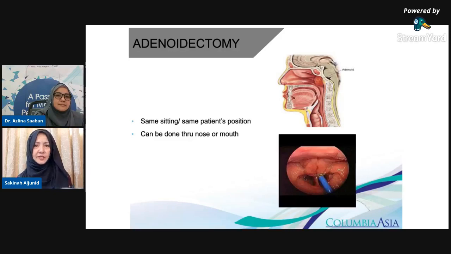Doctor, adenoid and tonsillitis, since they're on the same slide, how are they connected?